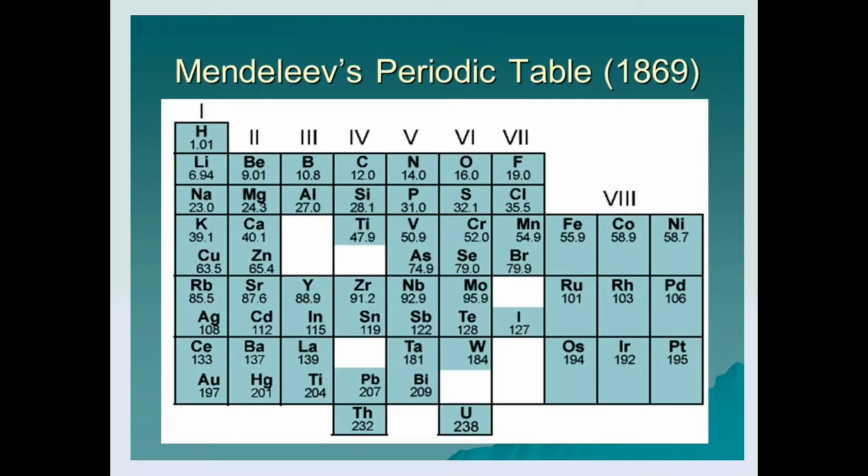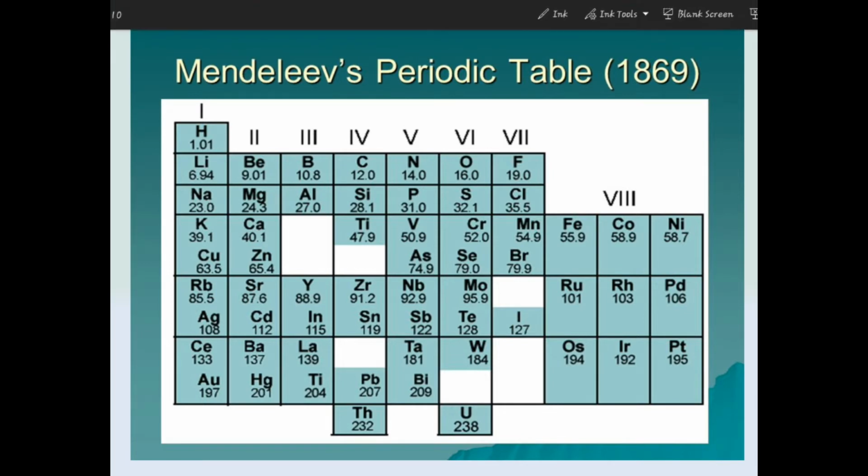What was the difference between the other scientists and Mendeleev? The difference is that Mendeleev tried to arrange the elements based on similarities and differences, and also based on relative atomic masses. So he created 8 groups and placed the similar elements in the groups.